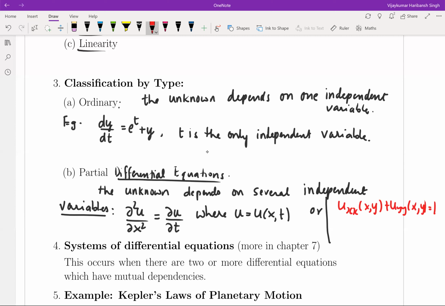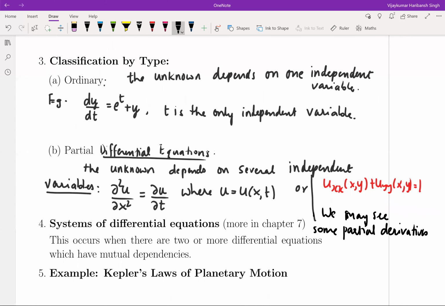So in our course, although we may see some partial derivatives, you'll see them usually when you are doing the exact equation or dealing with the existence and uniqueness of solutions to differential equations.